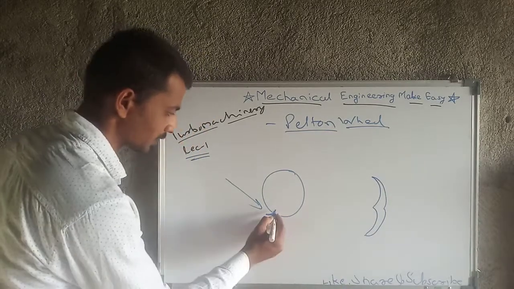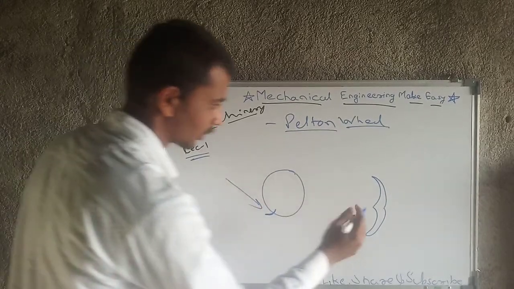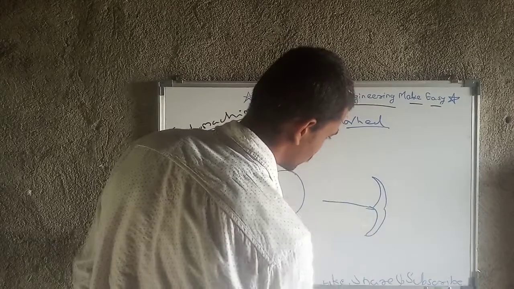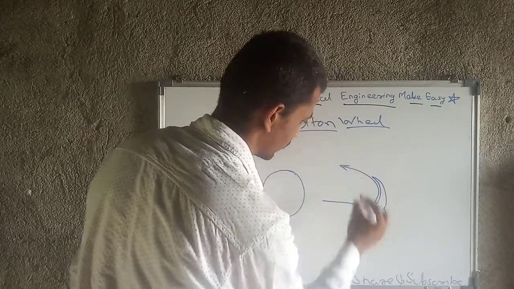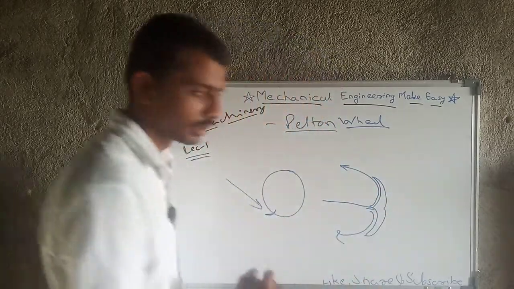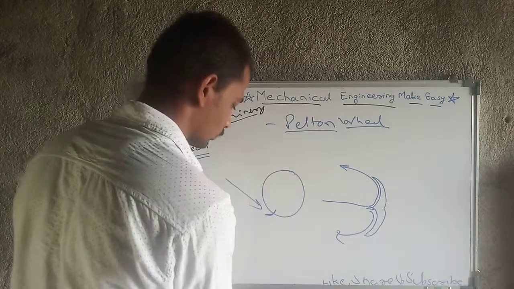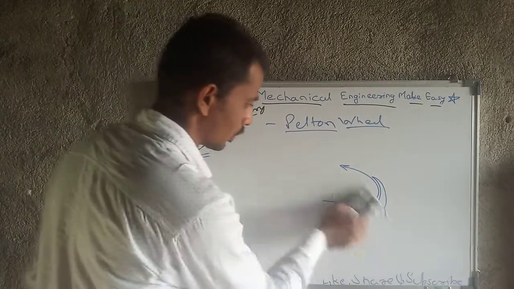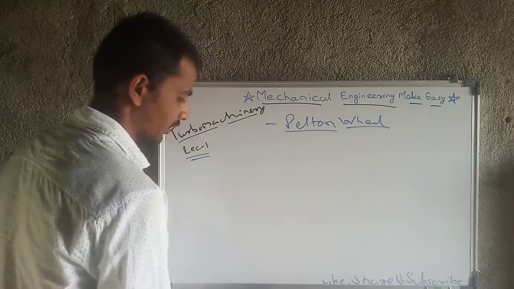The bucket is here, and I am drawing the cross section of that bucket, so water strikes here and goes here and here. This is the cross section of that bucket. So now I will draw the velocity triangles.